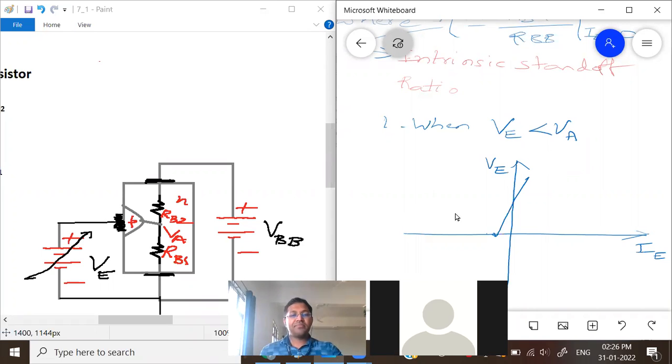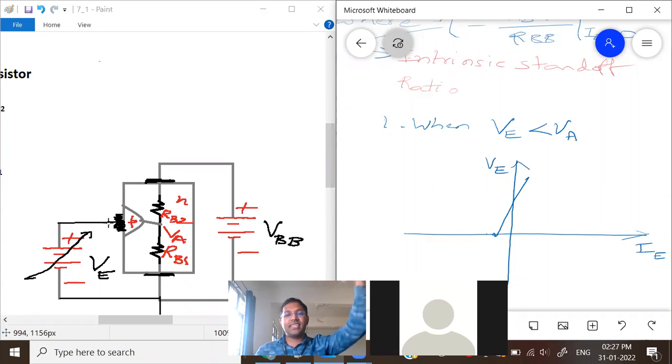So in simple words, when we gradually increase this particular VE, current is changing from reverse saturation current to positive. When this V becomes sufficiently large, the diode will turn on.